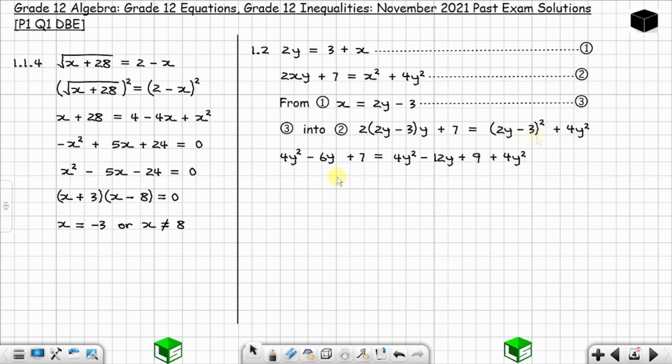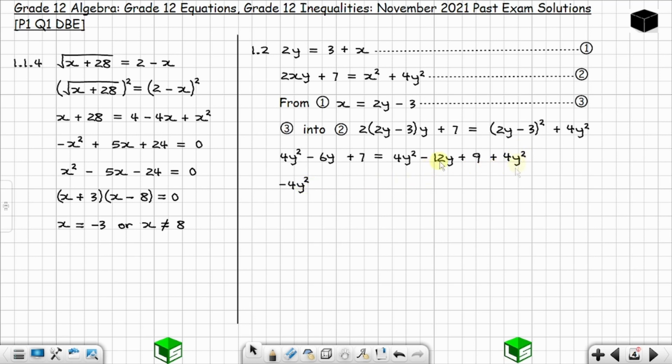Now from here what you have to do is to take everything to the left side. So you have 4y squared minus 4y squared, this will go. Then the other 4y squared, you take it to the left, it becomes negative 4y squared.